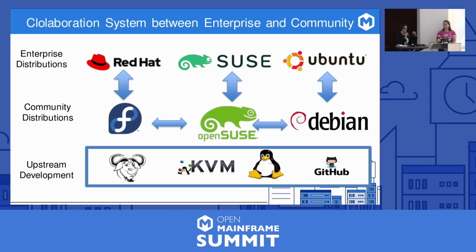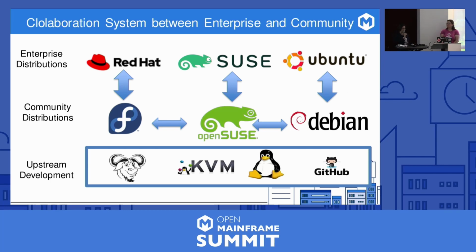Both enterprise distributions are using the community distribution as a foundation, and they are collaborating together with it. So you can watch RHEL as a fork of Fedora with enterprise support and stabilization, the same as SLES is a fork of openSUSE with enterprise support and stabilization.